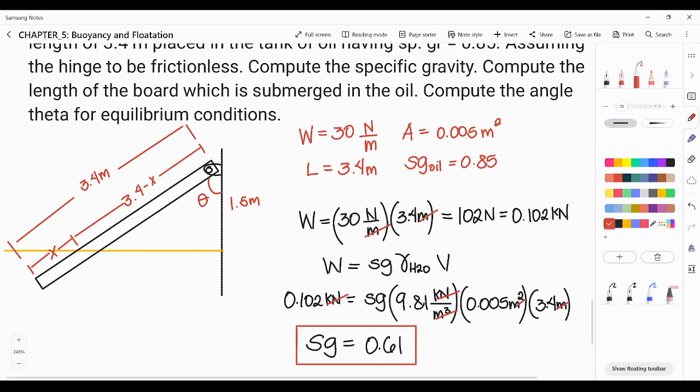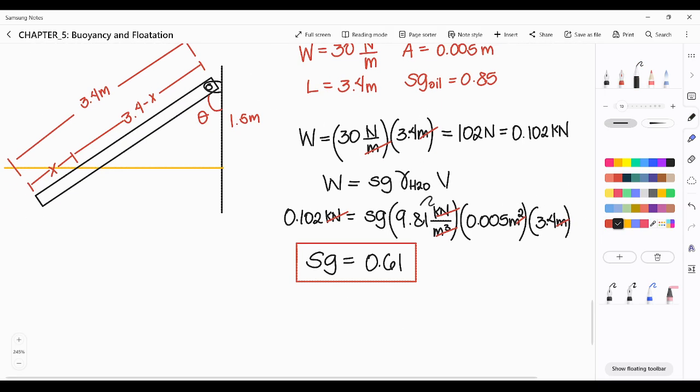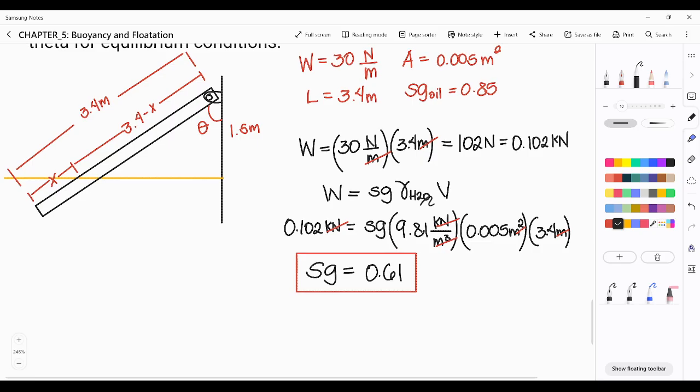So, paano yan? Aalamin natin yung haba ng board na nakababad sa oil. Paano magiging atake natin dyan? Alam natin that the formula for buoyant force is equal to the gamma of our fluid and the volume displaced. Diba?